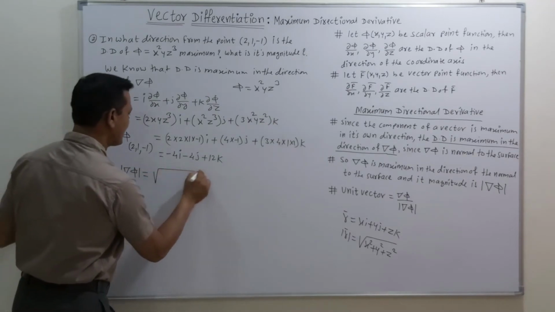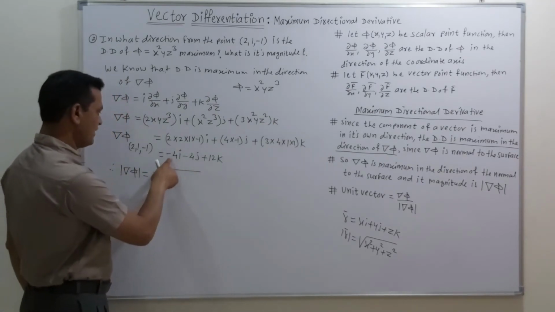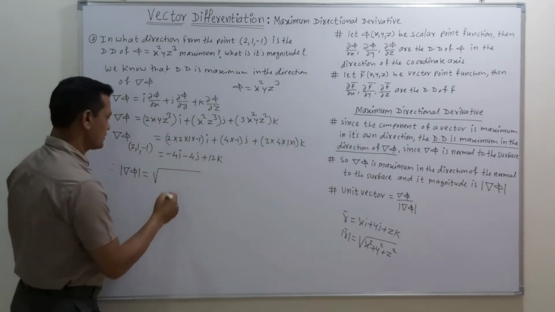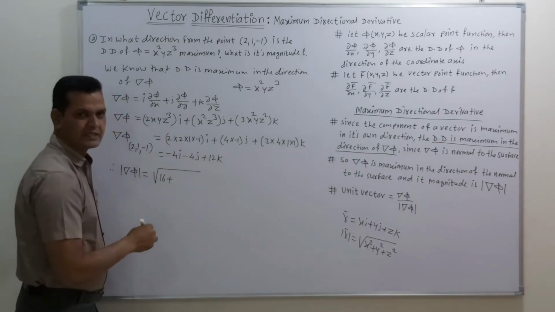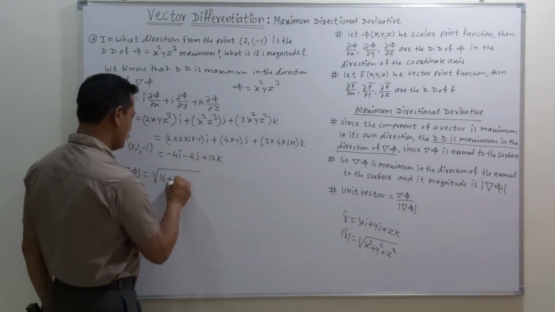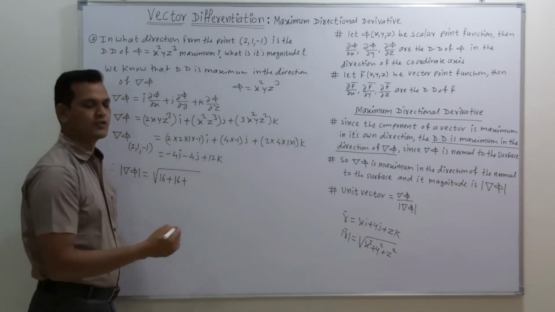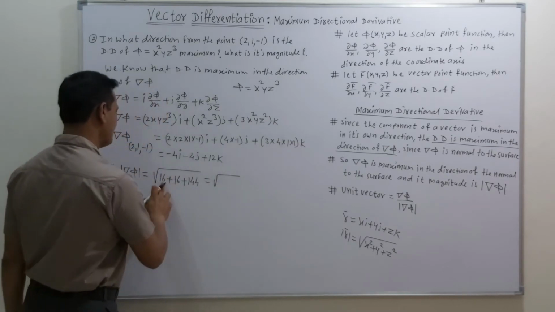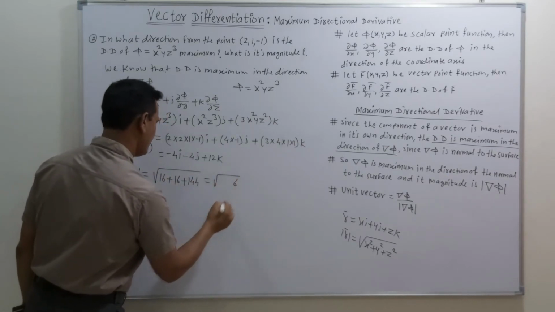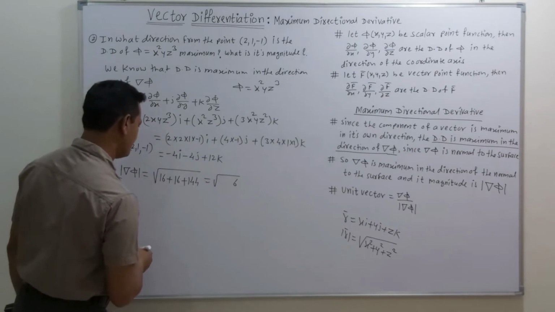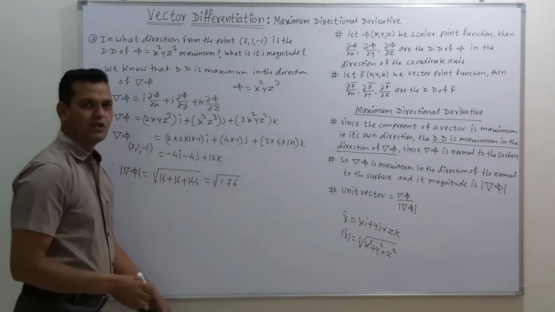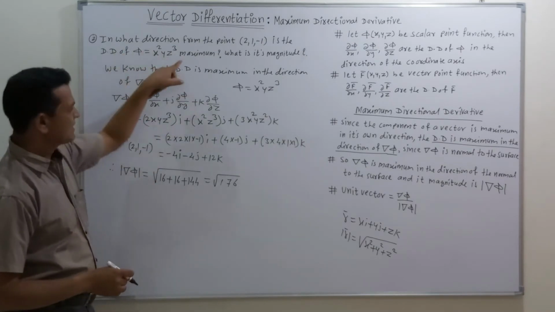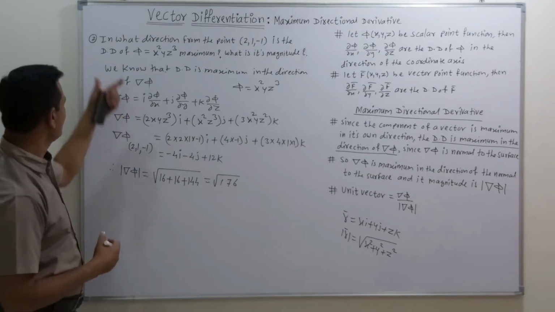Similarly, we can write this magnitude as: 4 square is 16, plus again 4 square, which is 16, plus 12 square, so the square of 12 is 144. So if we simplify this, we get the value of the magnitude of this maximum directional derivative. So this is the second example.